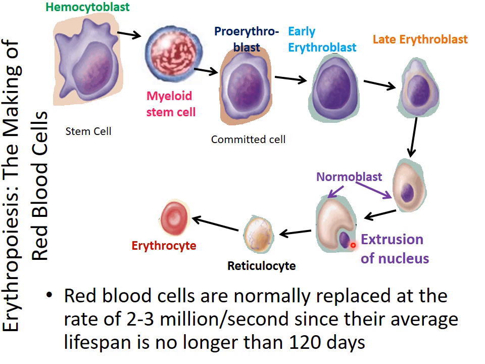Extrusion of the nucleus takes place at the stage of normoblast. That means a cell was there with a proper nucleus, and as it matures, the nucleus is extruded out of the cell. So at this particular stage, the normoblast, the cell will be losing the nucleus.